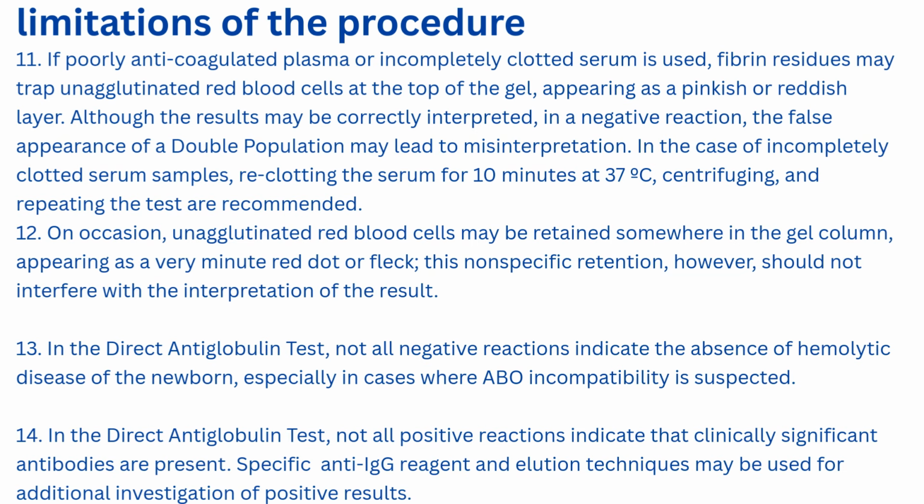So in the case of incompletely clotted serum samples, reclotting the serum for 10 minutes at 37 degrees Celsius, centrifugation, and repeating the test are recommended. On occasion, unagglutinated red blood cells may be retained somewhere in the gel column, appearing as a very minute red dot or fleck. This non-specific retention, however, should not interfere with the interpretation of the result.